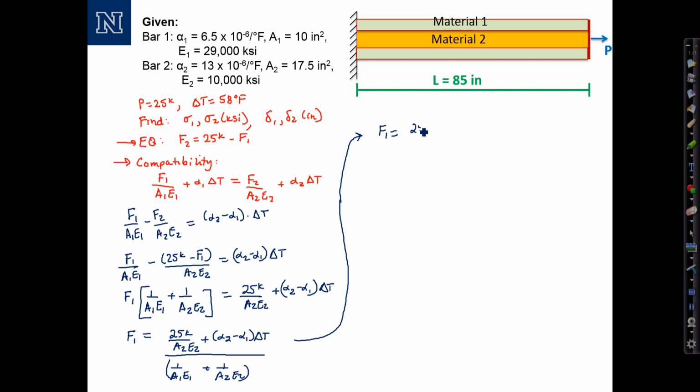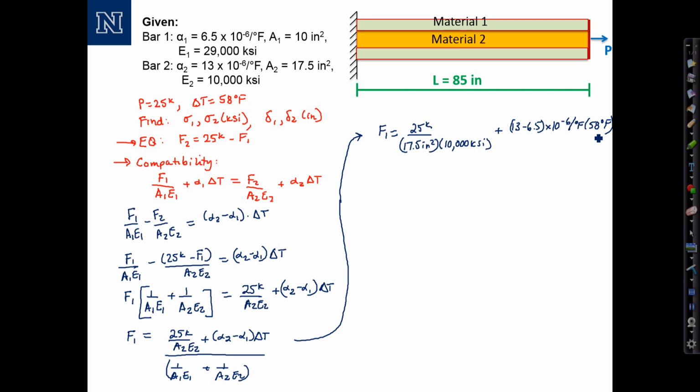We have 25 kips divided by A2, 17.5 inches squared, times E2, 10,000 KSI, plus the alpha 2 minus alpha 1, 13 minus 6.5 times 10 to the negative 6th per degree Fahrenheit times 58 degrees Fahrenheit.